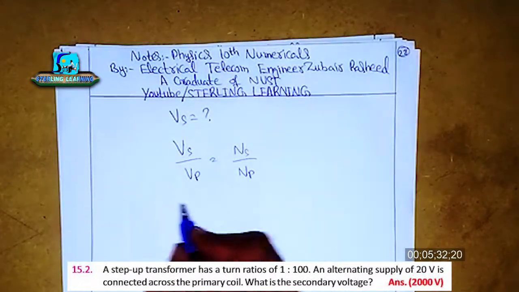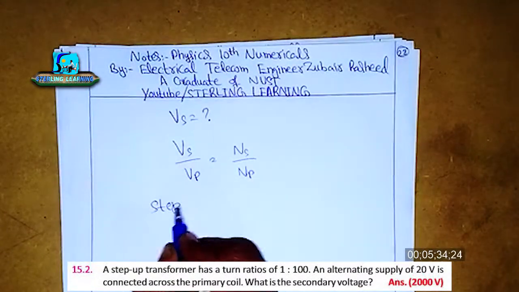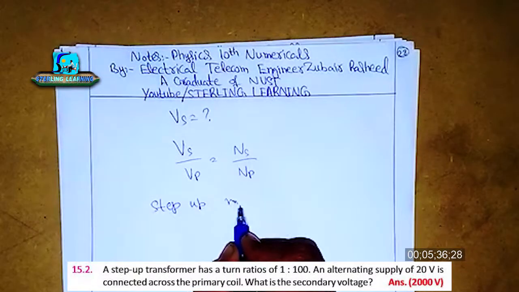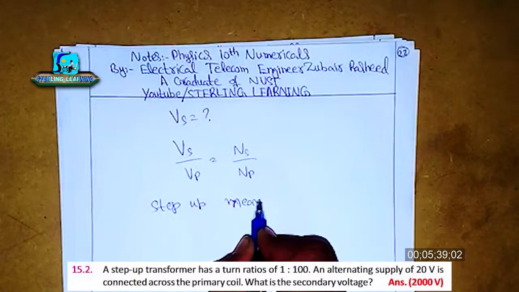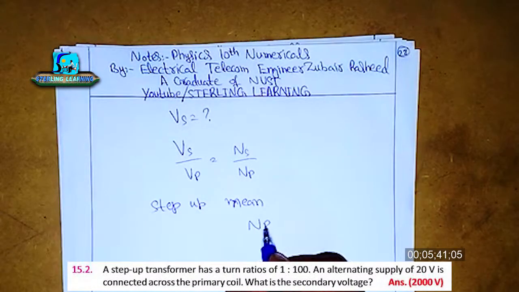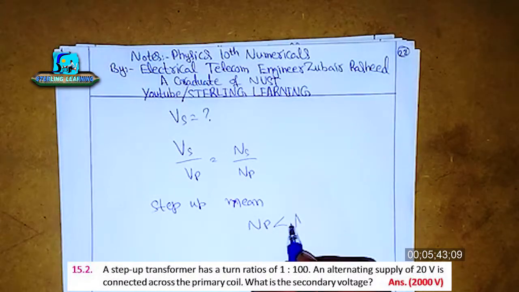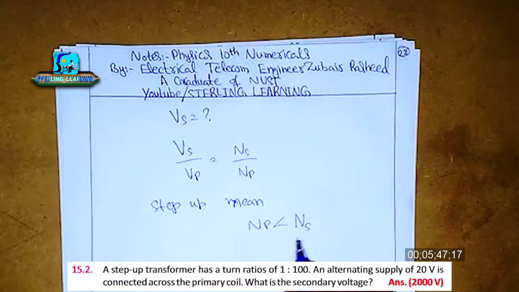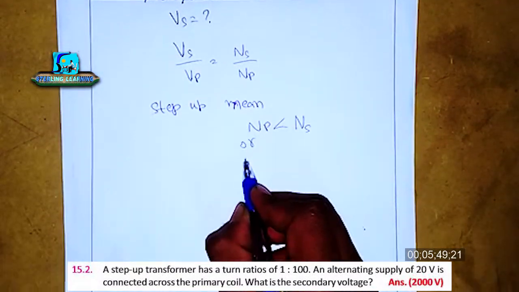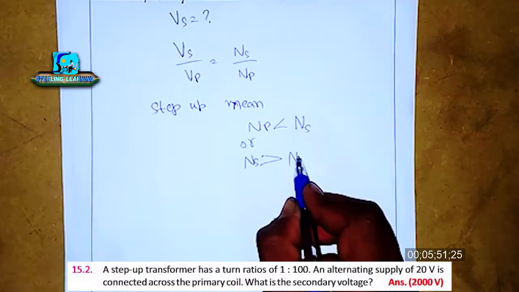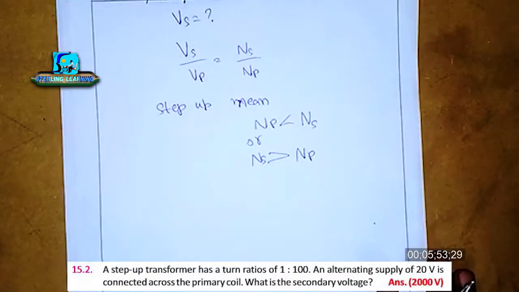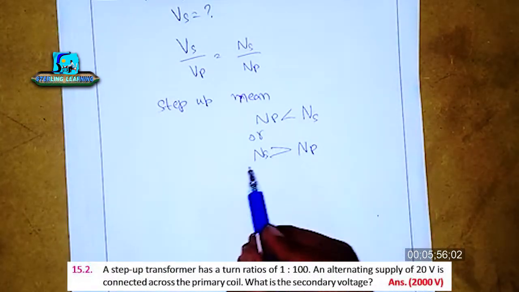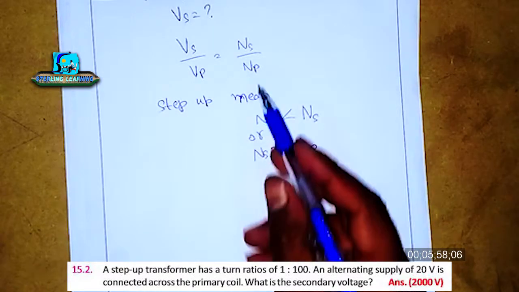Np is less than Ns, or Ns is greater than Np. Same thing. Both are the same things. Some people understand it this way, some people understand it that way.